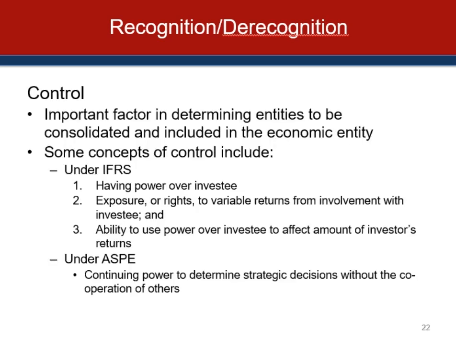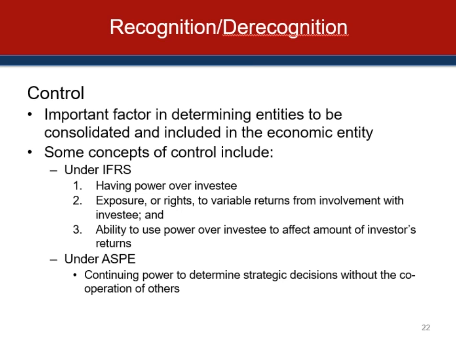So the idea of control, we talk about that in much more detail in the Advanced Financial Accounting course. So the idea there is that under IFRS, if a parent company has power over the investee, however its power is generated, generally with a corporation, we're talking about controlling a percentage of shares, but it can be other things.